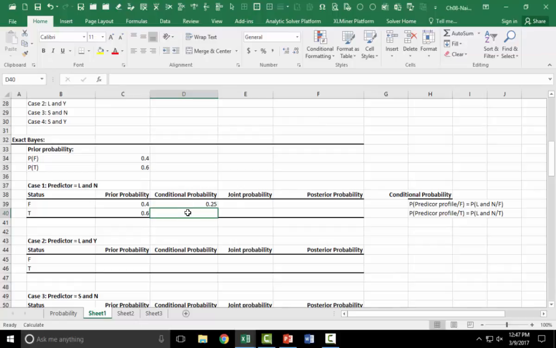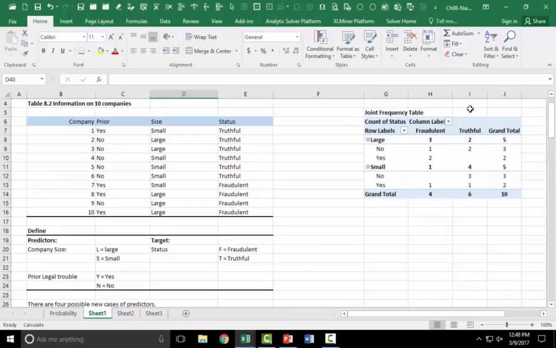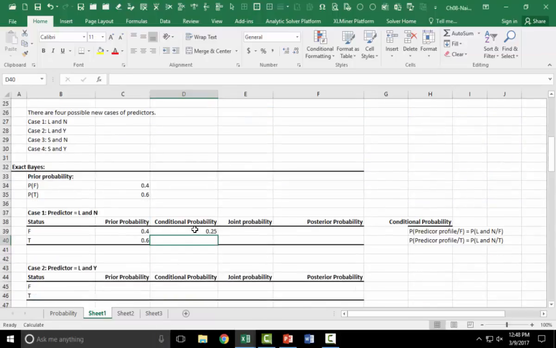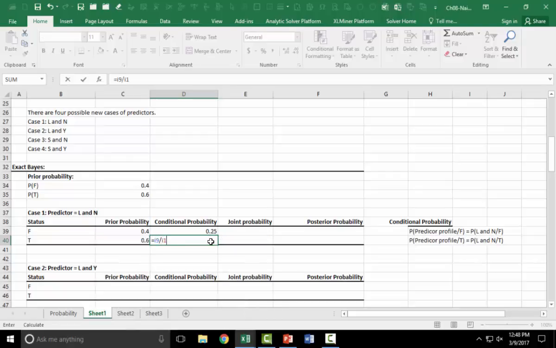That will give you the conditional probability of the predicted profile given F, and same thing, predicted profile given T, which will be the same thing from this column. So instead of H9 and H14, it will be I9 over I14. So that will be the conditional probability.